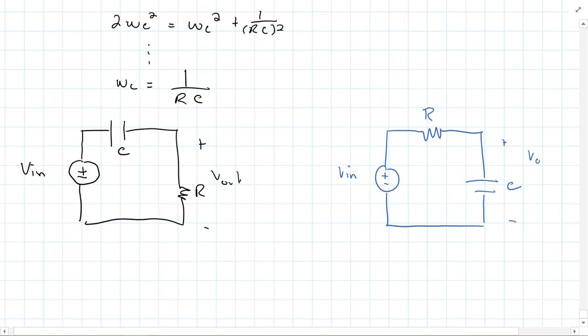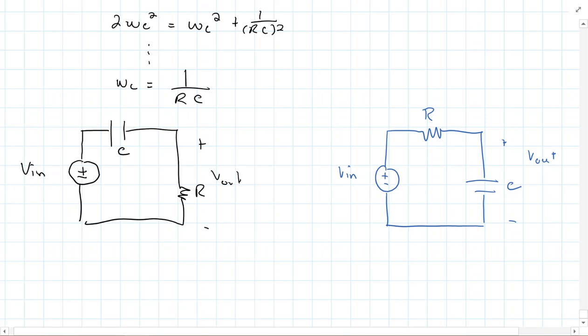But remember, and we're going to write the transfer function down again here, the pole really was giving us the cutoff frequency. And the poles are where the denominators are 0. But remember here, to find V out, we're doing the same process in both cases. We're doing voltage division. So the numerators are going to be different, but the denominators are both the same. So both of these circuits are going to have the same pole.